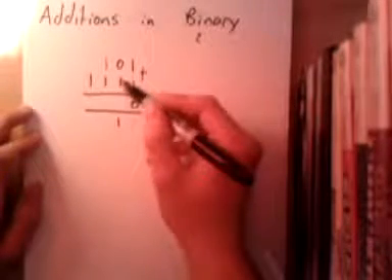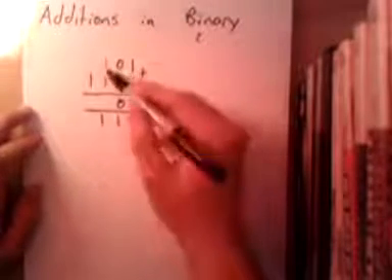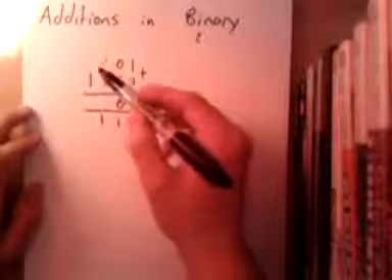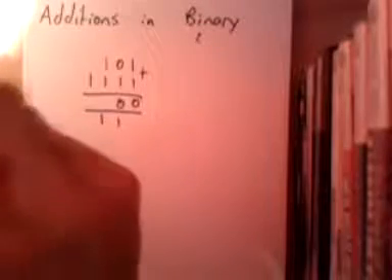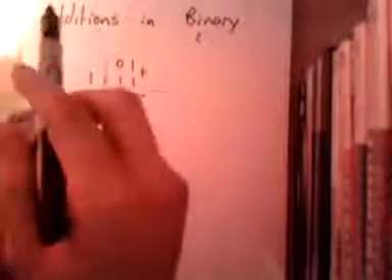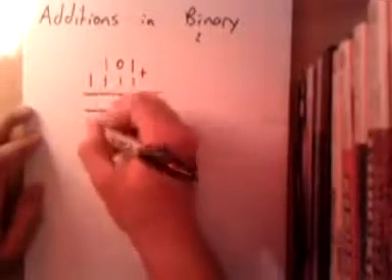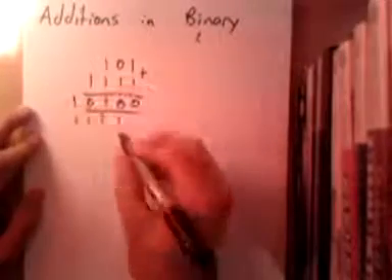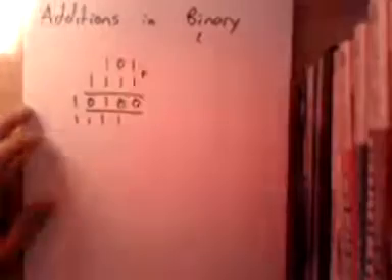Then the same again, 1 add 1 will be 10. 1 add 1 add 1 in binary will not be 3, it will be 11, because it goes from 1 to 10 to 11, then 100, and it ends up being very long. So we have 11. 1 add 1 again, 10. 10100 would be your binary number if you add these two.